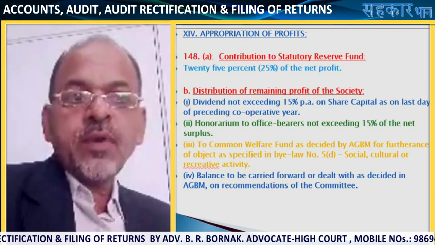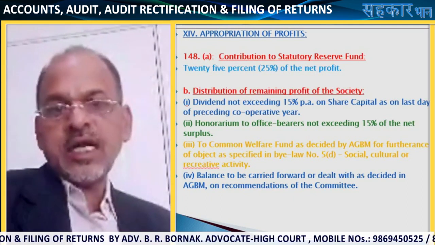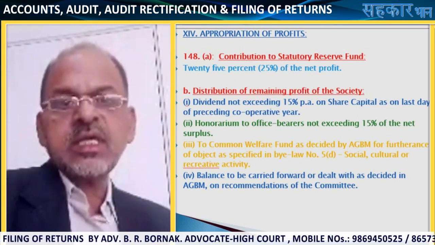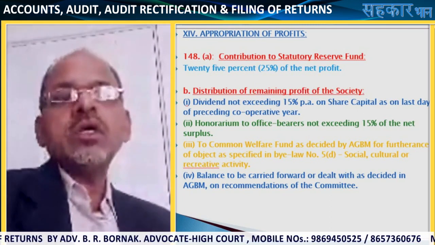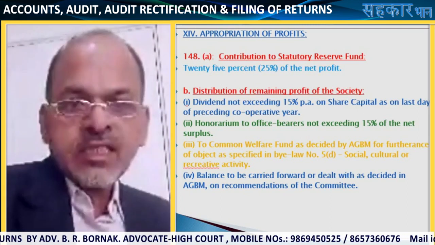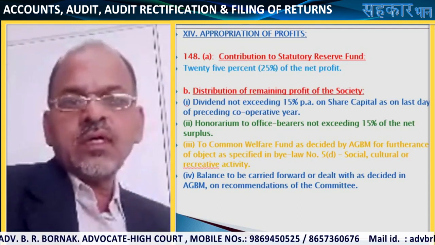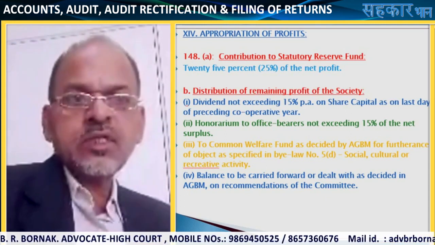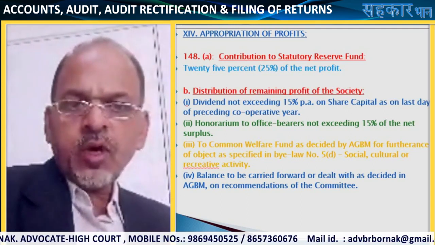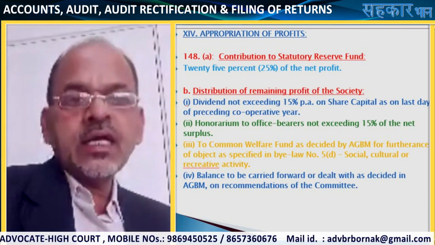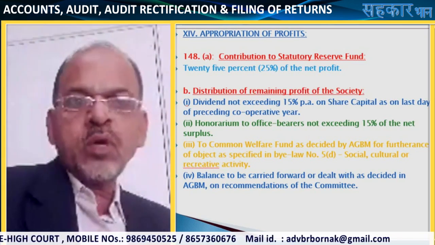As per bylaw number 148A, the society will have to contribute to the statutory reserve fund out of the surplus or profit to the extent of 25% of the net profits. That is, 25% of the net profits is required to be apportioned to the statutory reserve fund.